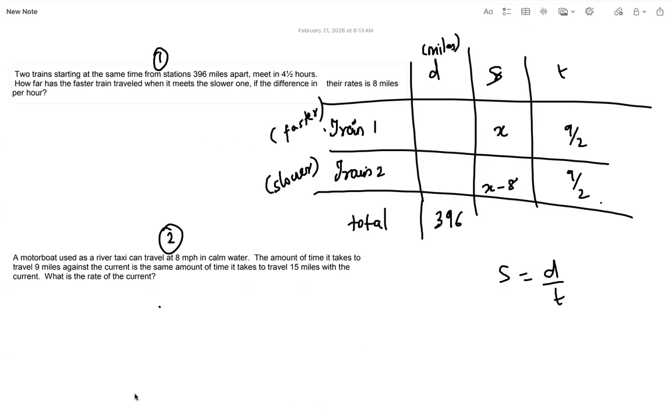Sorry, Akshada. The Akshada question is a little different, right? How far does the faster train travel when it meets the slower one? For some reason that feels incorrect.